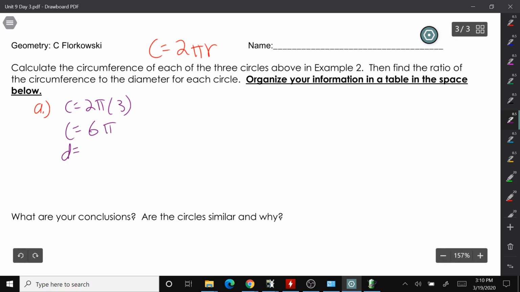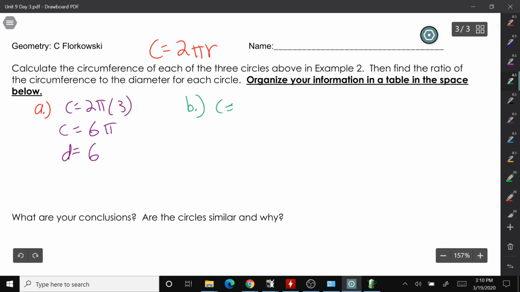And the diameter is 2 times the radius, or 6. So I'm going to leave that there for now. Then for part B, the radius was 2. So the circumference would equal 2 pi times 2, which is 4 pi, and the diameter was 4.